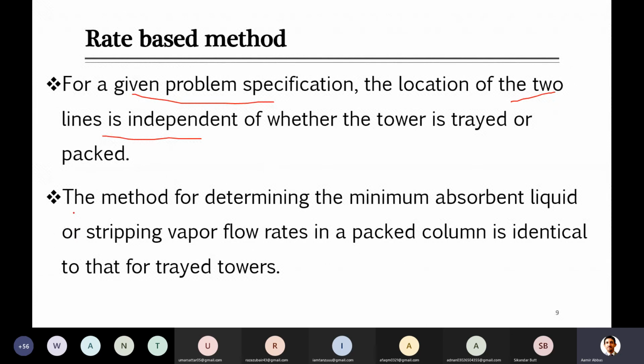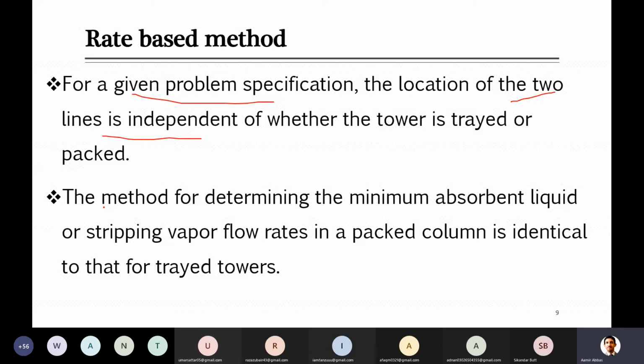So the methods for determining the minimum absorbent liquid or the stripping media, which we did for the tray tower, are also valid here, because if you go back and look at the equations used for calculating the minimum liquid flow rate as well as the minimum stripping media or gas flow rate, they involve only the flow rate of vapor, the K value, and something related to how much of any component you want to remove, that is, the fraction of species absorbed.